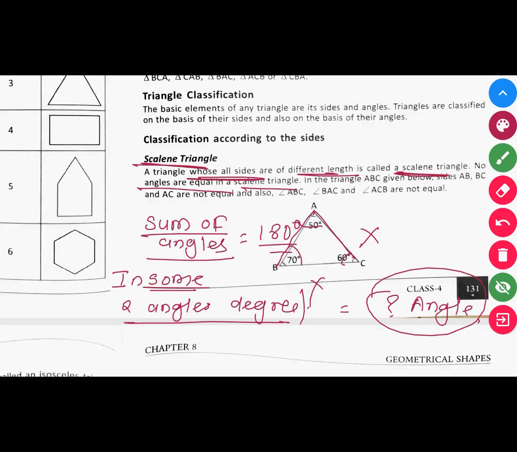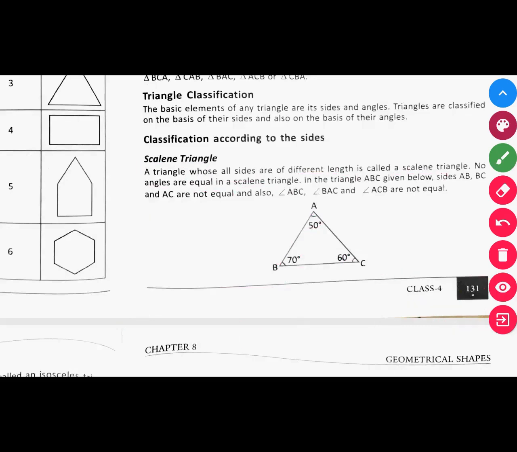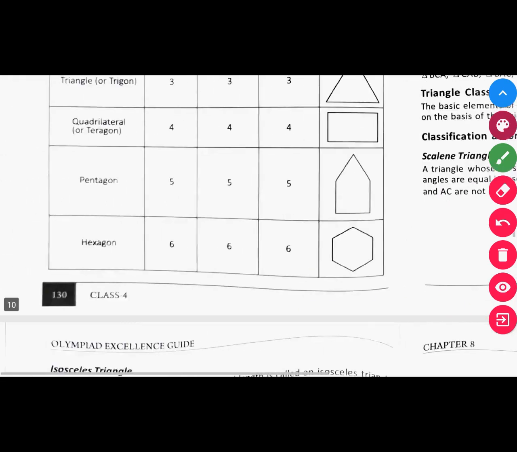You will subtract these degrees from 180 degrees because we know the sum of all the angles is equal to 180 degrees. So if one of the angles is given to us, and the other two are of equal degree, then also we can find them. If two angles' measurements are given to us and we have to find the third angle, then again we can find it by subtracting their addition from 180 degrees.